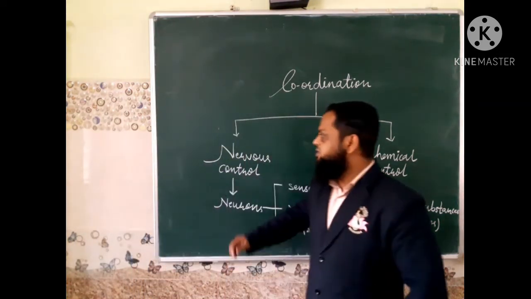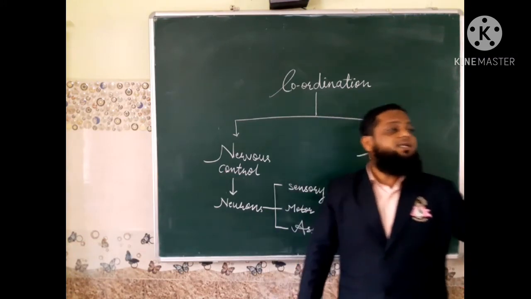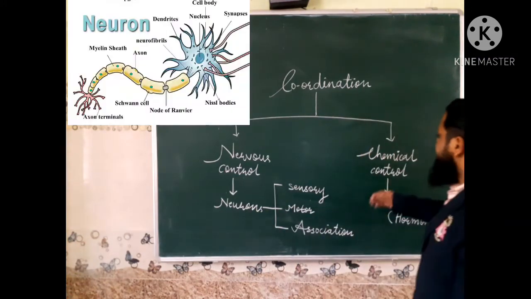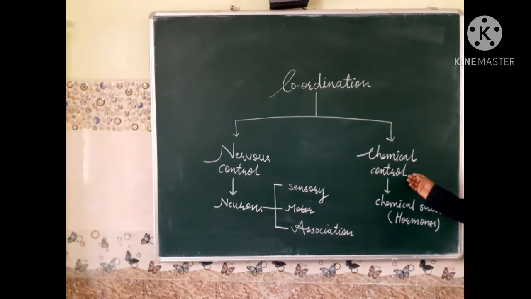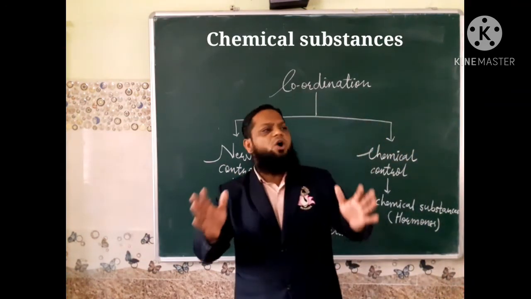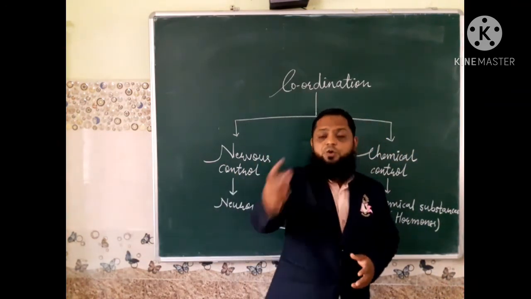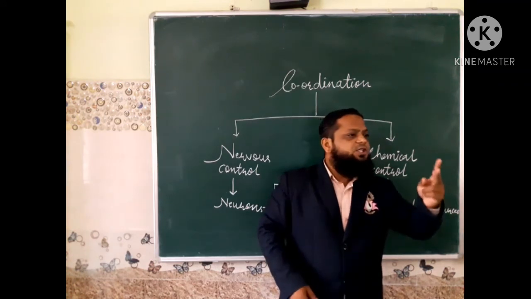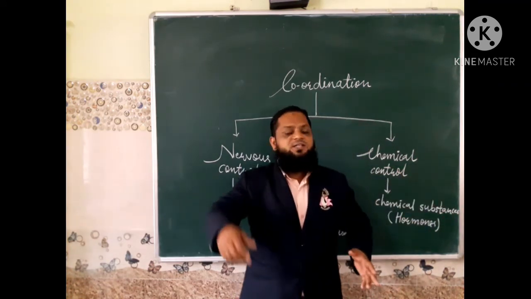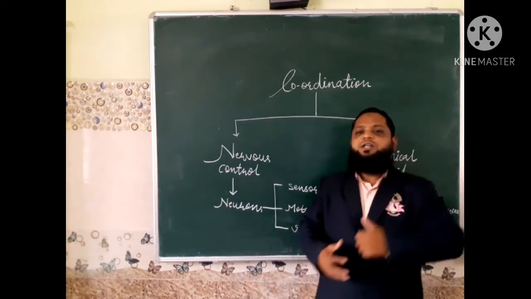Nervous coordination is brought by neurons and chemical coordination is brought by chemical substances, nothing but the hormones. So in human beings, coordination is categorized into two types: nervous coordination and chemical coordination.